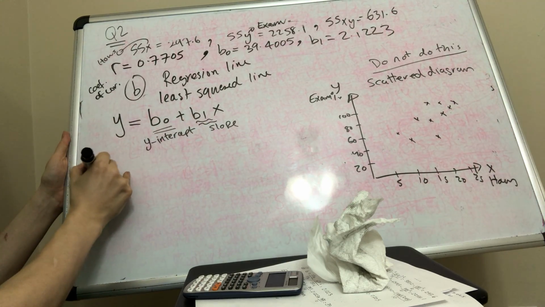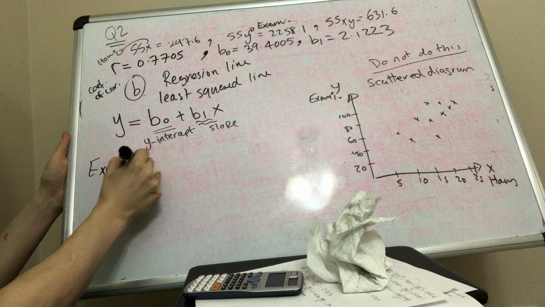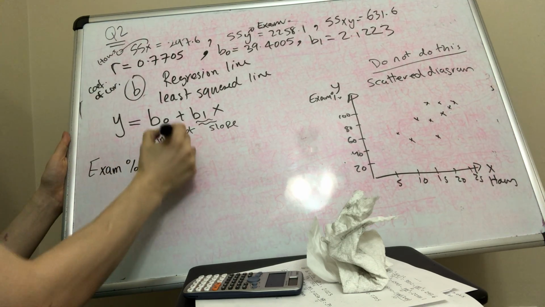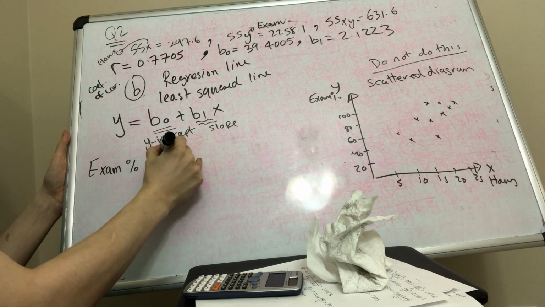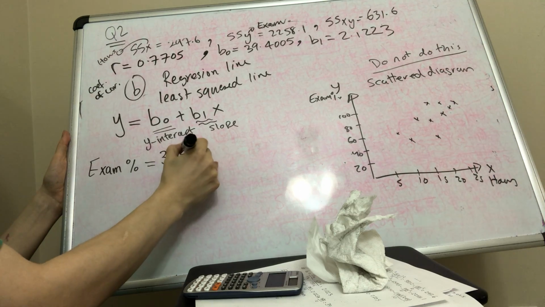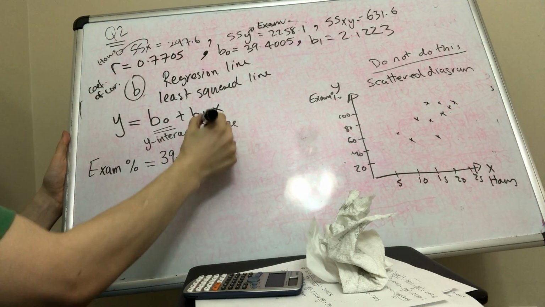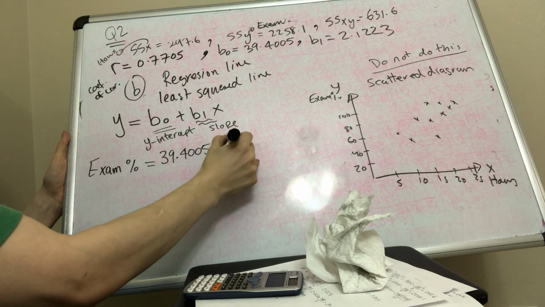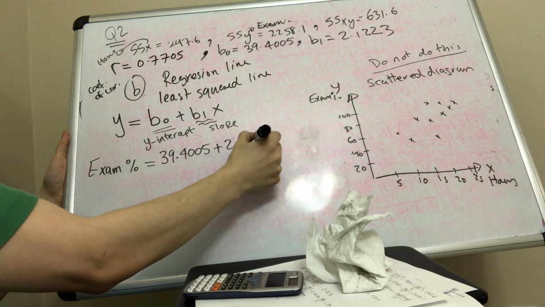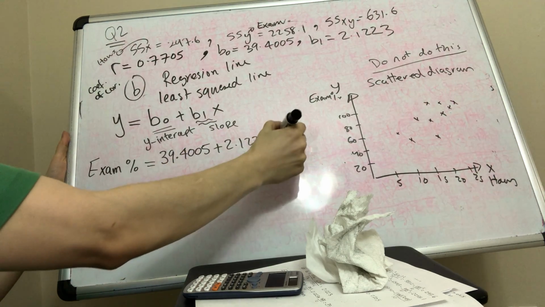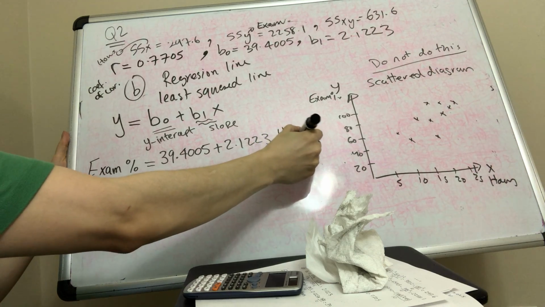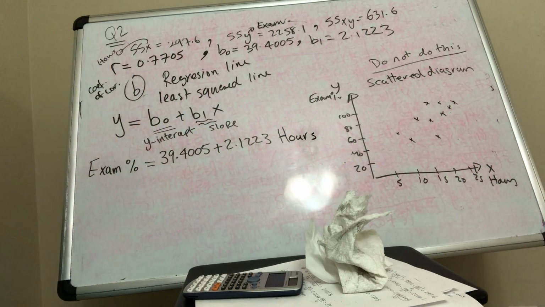Y is exam percentage, intercept 39, slope 2.1223, and x hours.